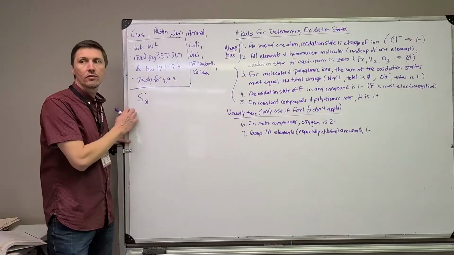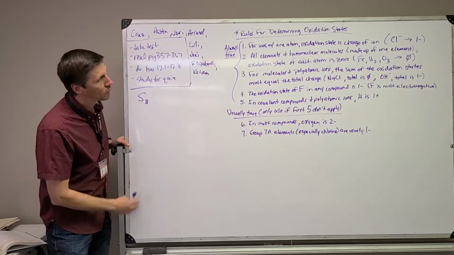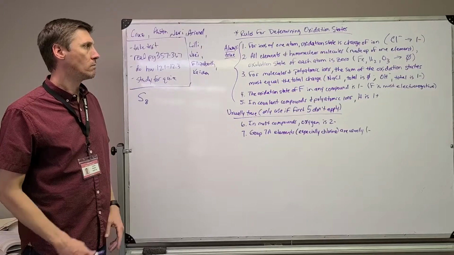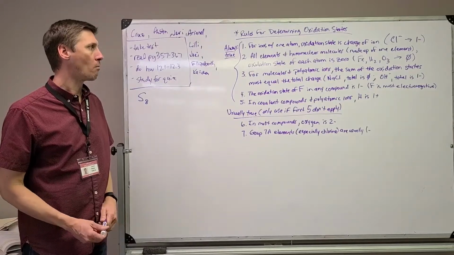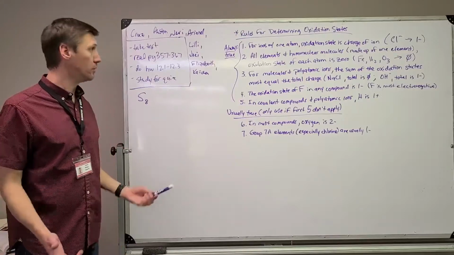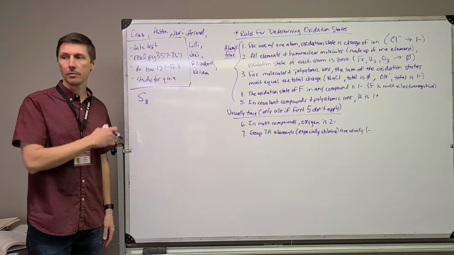Well, here's one. Let's do the first example. S8. Which of our rules will help us with S8? Number 2, right? It's a homonuclear molecule, a molecule made up of a single element.